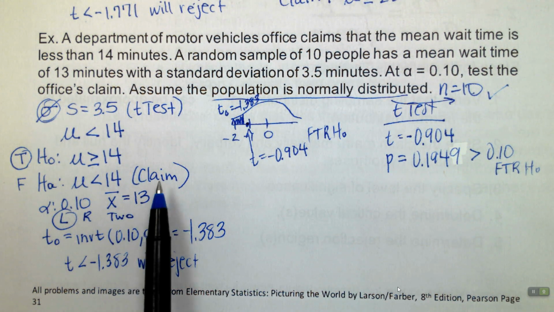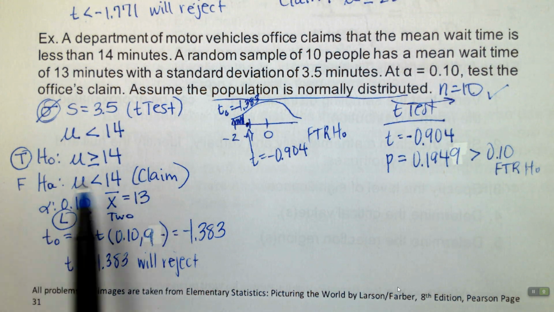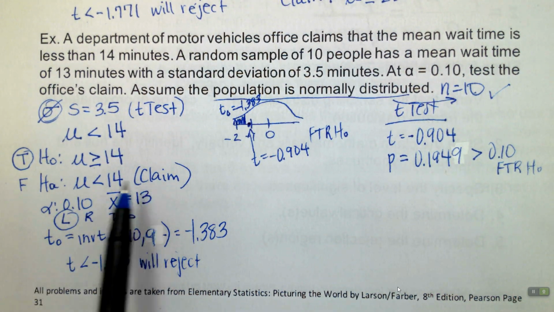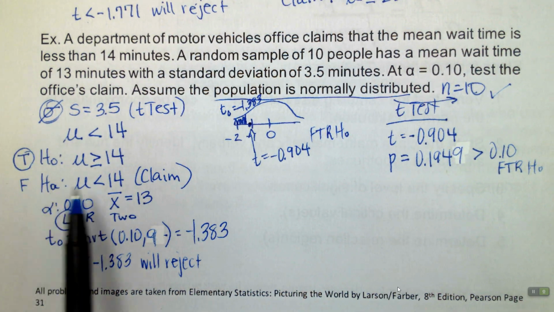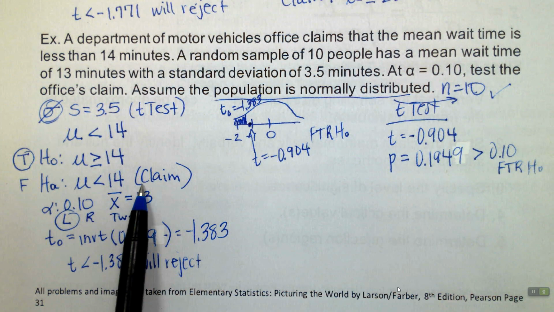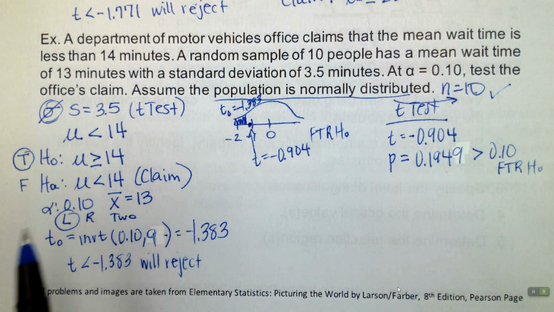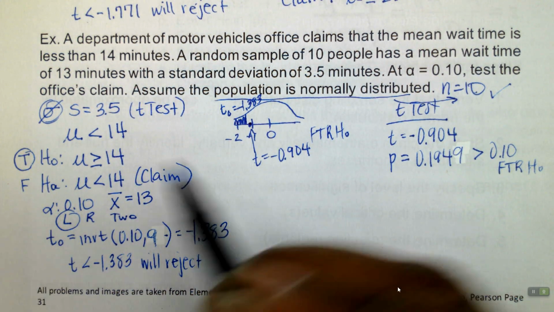So we want to be able to support the claim, and can we? No, we can't support it. It's support because the claim is in HA, and it's a no because it's false.